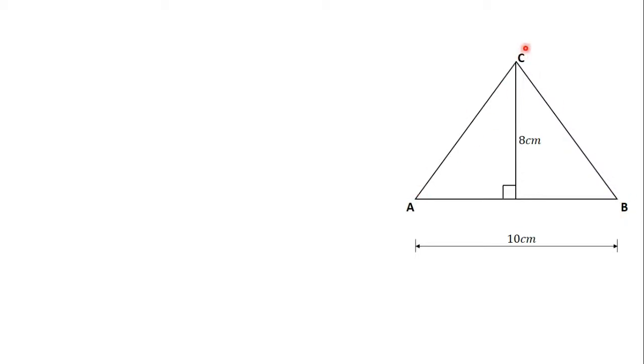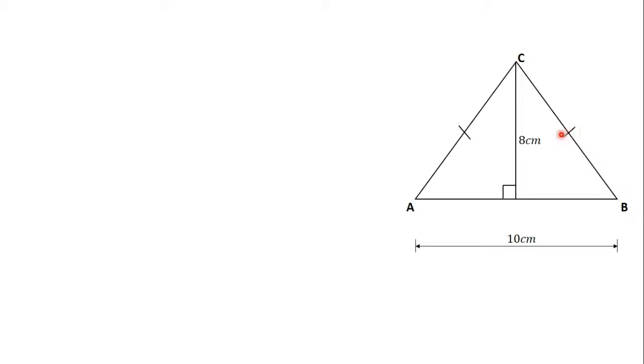So from A to C is equal to from B to C. All the question wants us to find is the length AC and the length BC. But since they are equal, we are going to find one of them, because if you find AC, it's the same as BC. We are using these lines to indicate that they are equal.